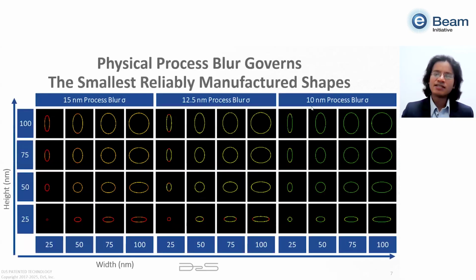If we extend this experiment through different ovals of different widths and heights, and try to understand what happens, you can see that as your aspect ratio changes, the curvature is becoming sharper and sharper. And the sharper the curvature, the more difficult it is to manufacture.